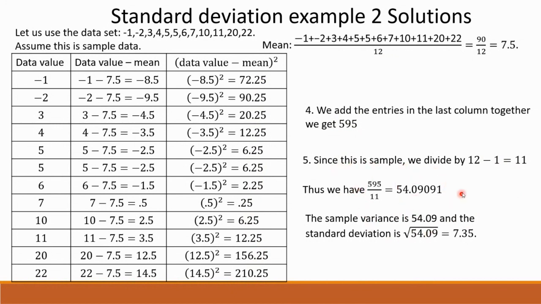So the variance is this. This is the sample variance. The sample standard deviation, though, would be this. So that's what happens in this example. All right, that's good. Are there any questions on this?